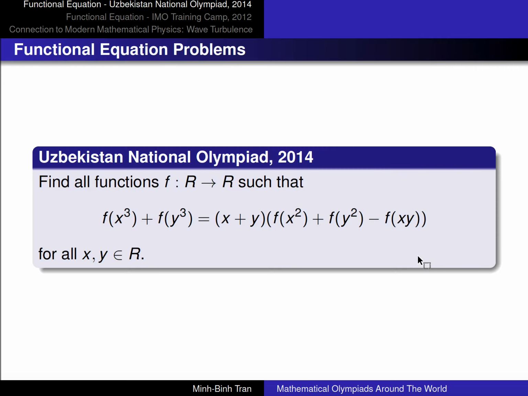Now, let us start with the first problem. This is a functional equation. We need to find a function f from R to R that satisfies this relation.